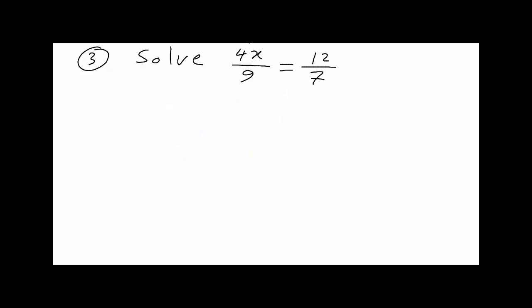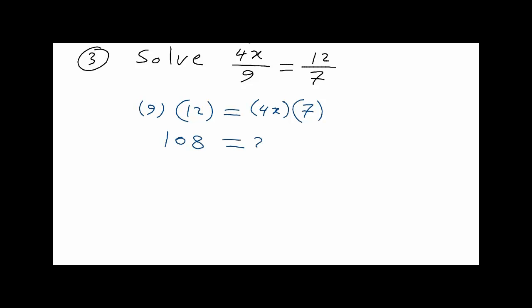Example 3, solve 4x/9 equals 12/7. Since this is a proportion, we can multiply the means. So 9 times 12 must be equal to the product of the extremes, 4x times 7.